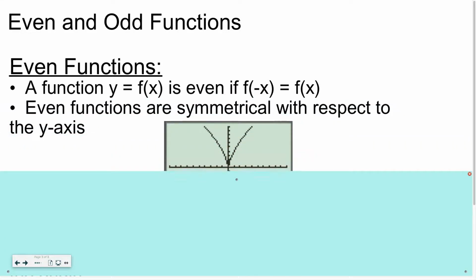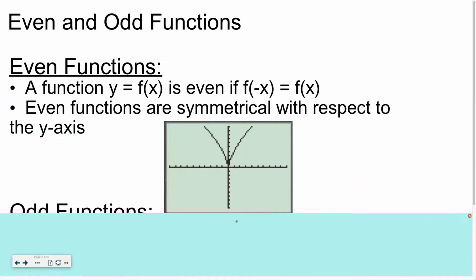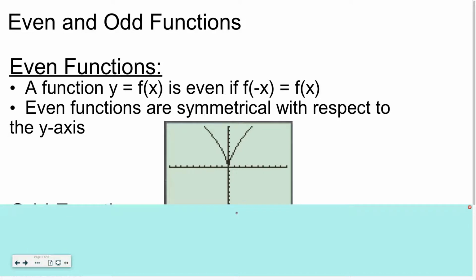Okay? So if you see a graph and there's symmetry about the y-axis, here's the y-axis, if you can fold it along the y-axis and it looks the same, we have an even function. Our function values for x and negative x are the same all across.